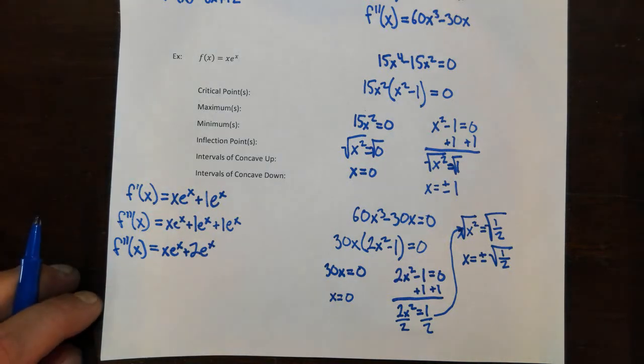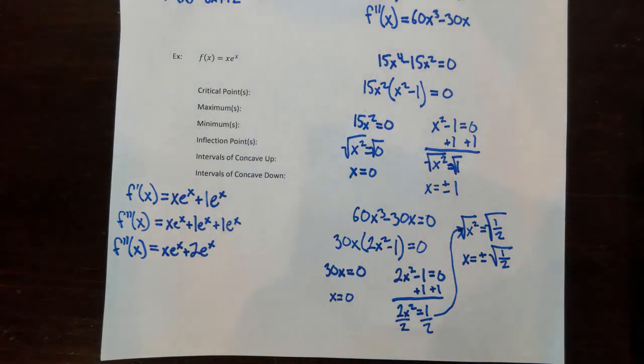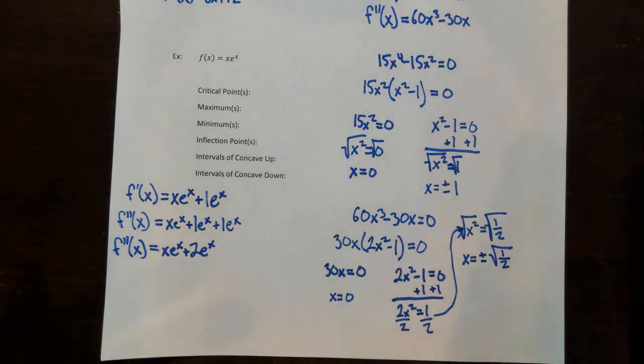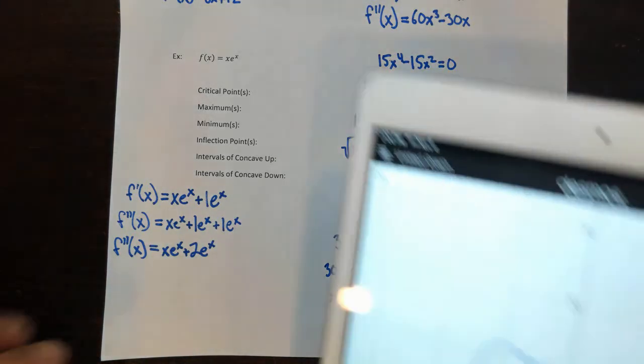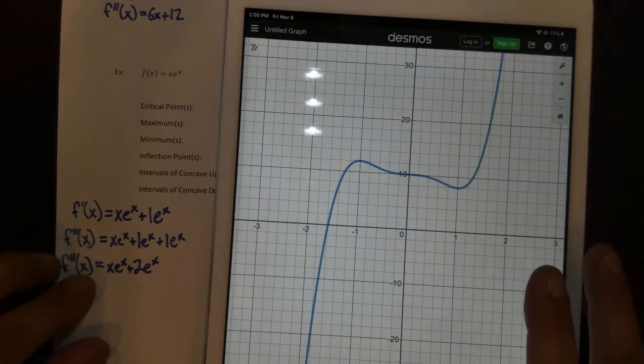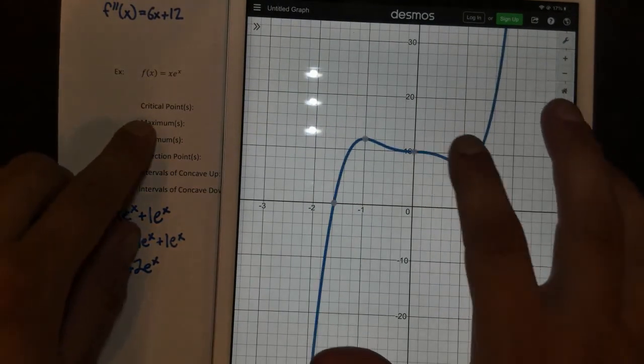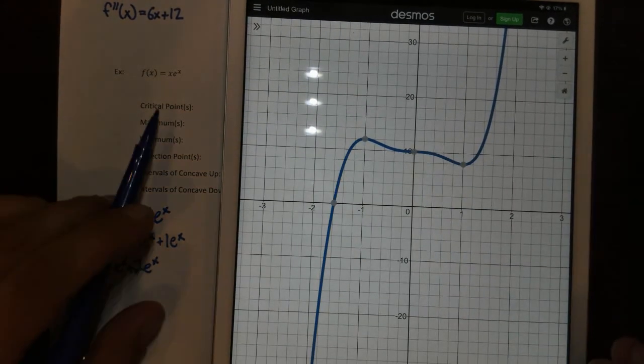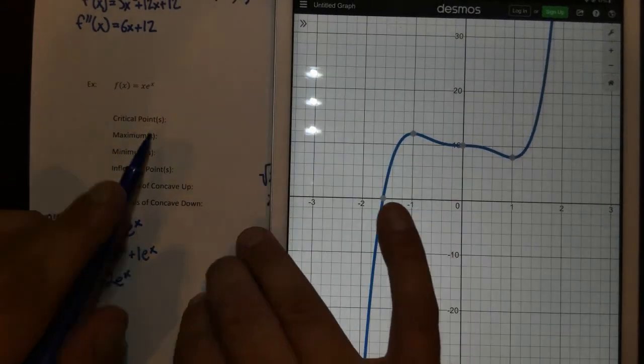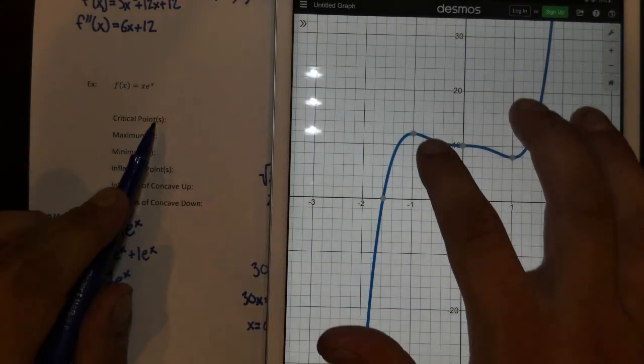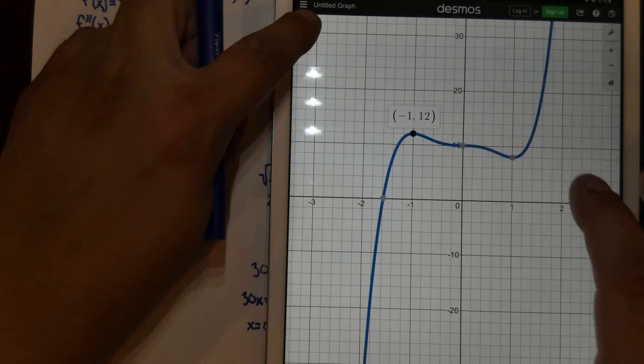Awesome. So now let's find the critical points. And here, since it's e, let's just use Desmos. In fact, you could have just used Desmos for all of these if you wanted to.